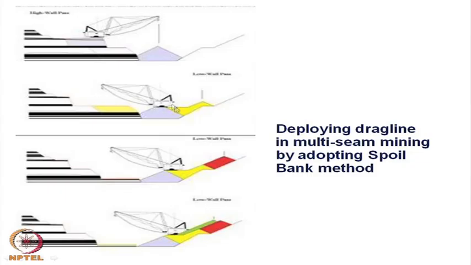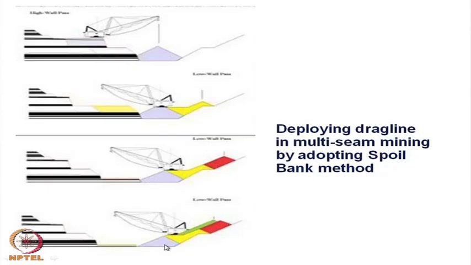Then by sitting over here it can excavate the overburden of this lower seam, and this material is casted over here, and finally the whole overburden is placed over here and then the overburden dump is spent.